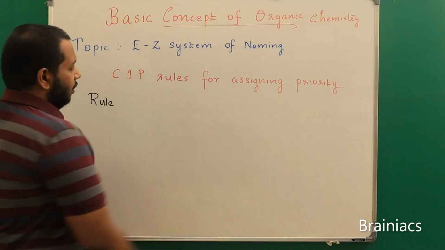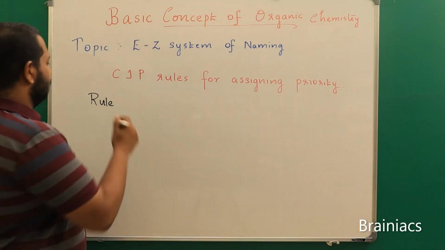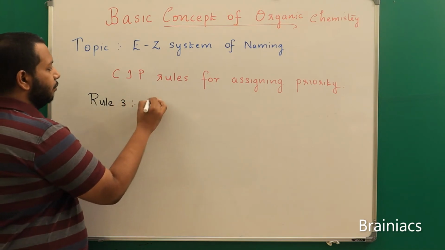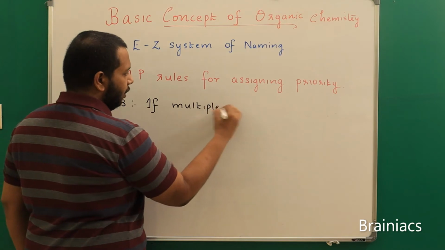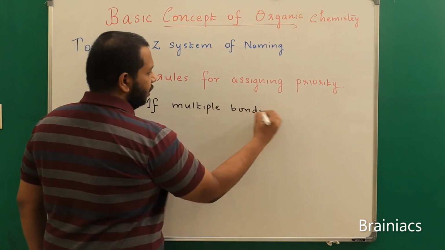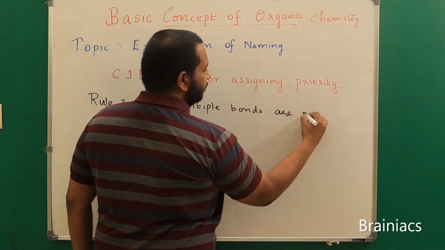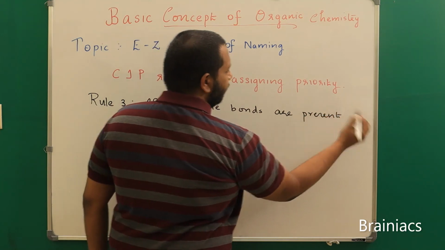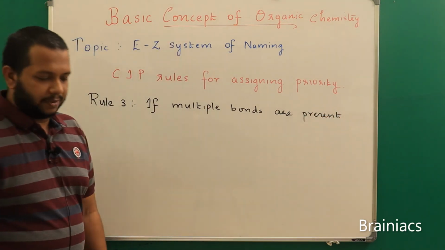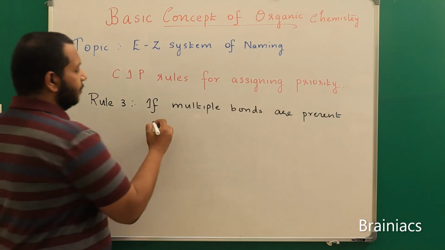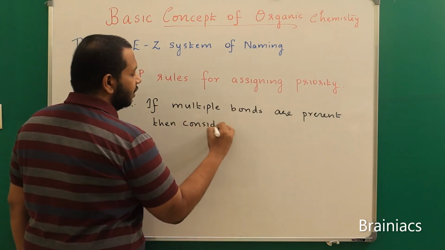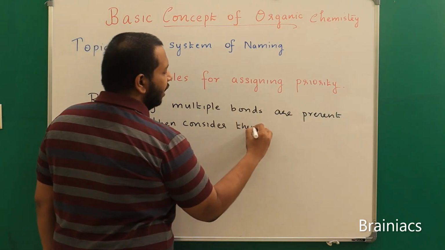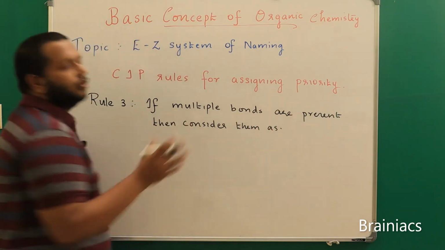Note down: rule 3 states that if multiple bonds are present, then consider them as, we will see how to consider them.